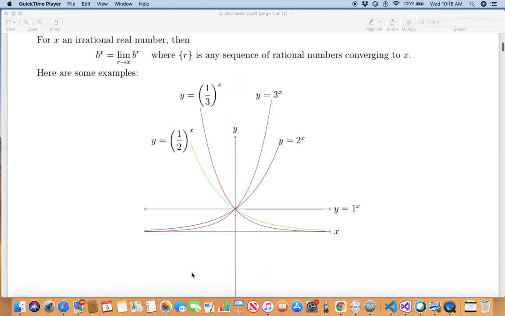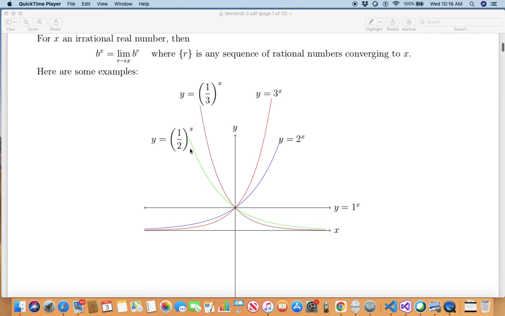All right. So look at 1/3. 1/3 is actually smaller than 1/2. So on the positive values of x, 1/3 power x is lower than half power x. Whereas when x is negative, 1/3 power x is higher than half power x.